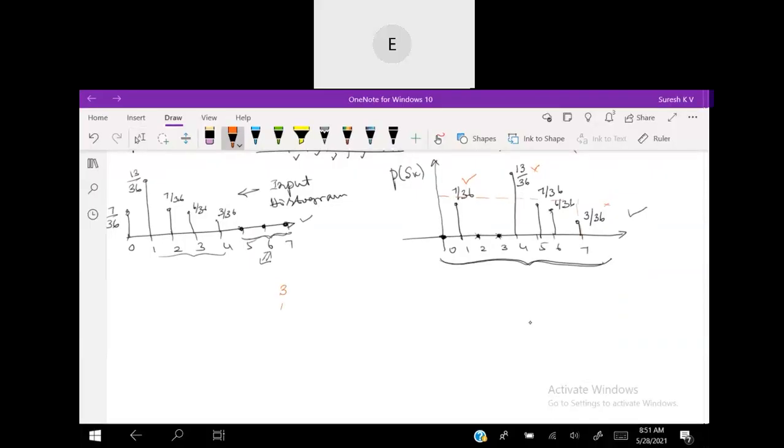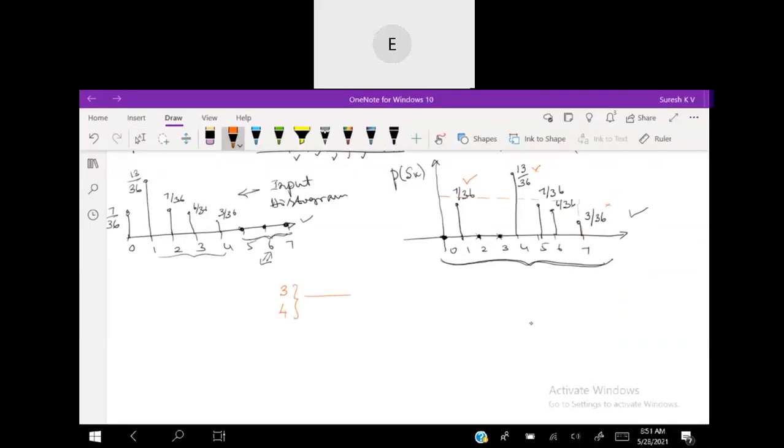Both 3 and 4 in the input image are mapped to say 6. Now, can you tell me what will be probability of 6 here? It's a simple calculation. If 3 and 4 are mapped to 6, what would be the probability of 6 in the output image?